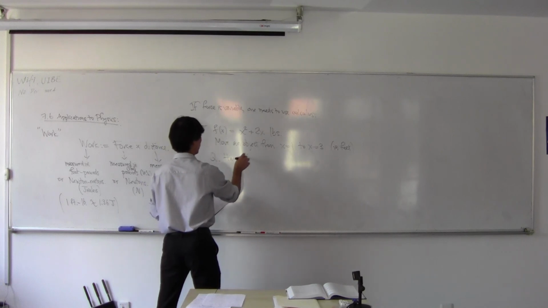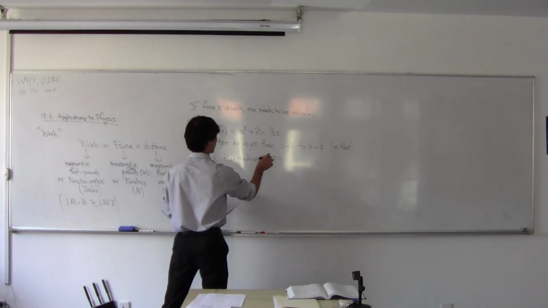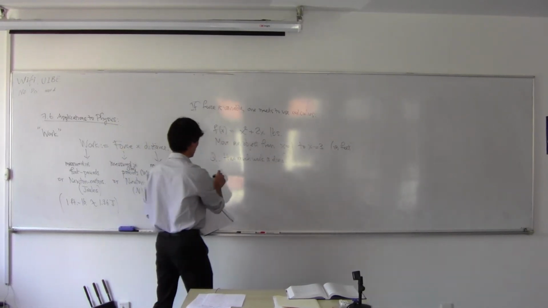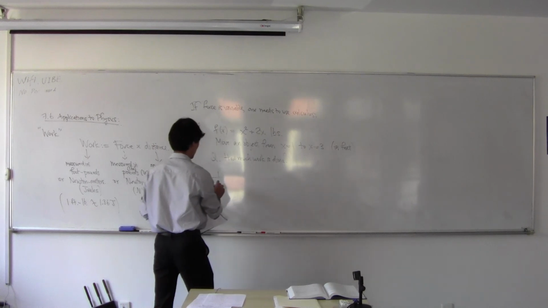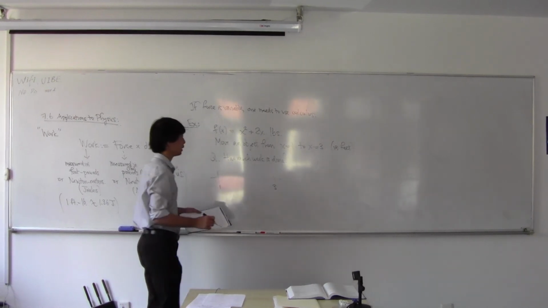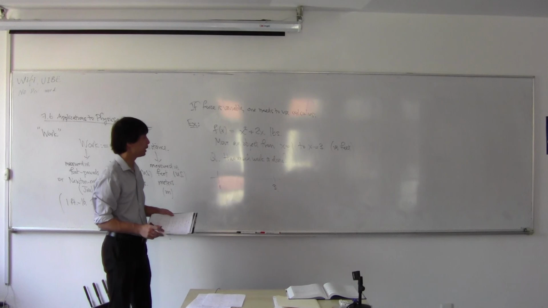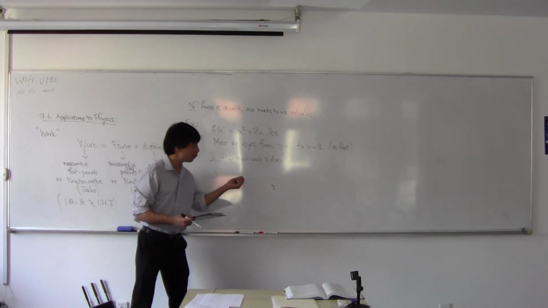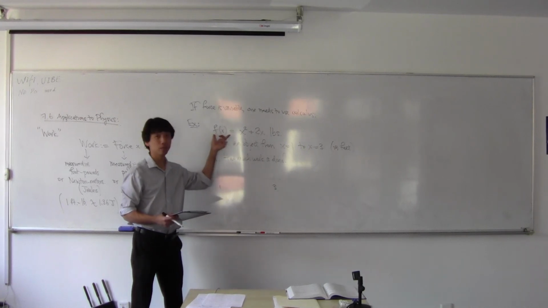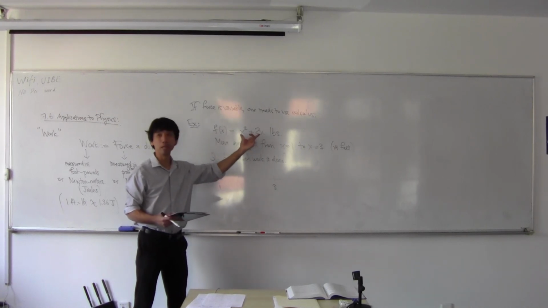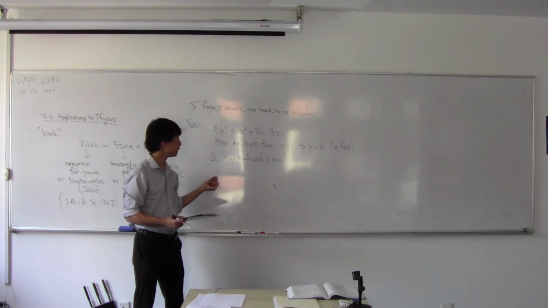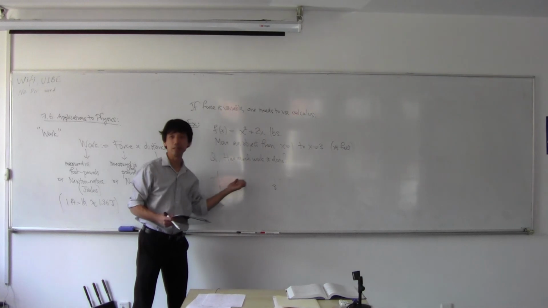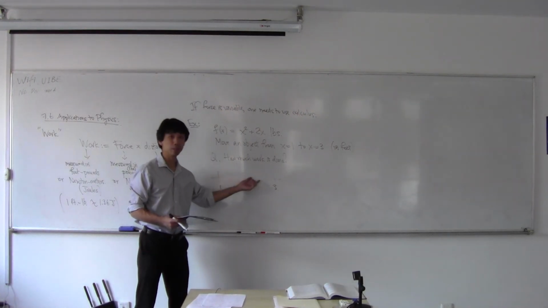So you're going from 1 to 3, and you have this object and you move it from 1 to 3, and the force is increasing, right? The force starts out at 0 here, but as you get closer to here, the force is increasing.